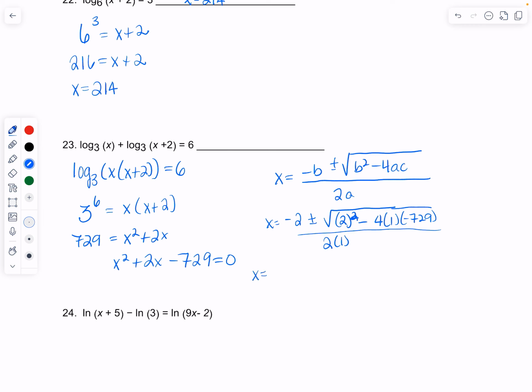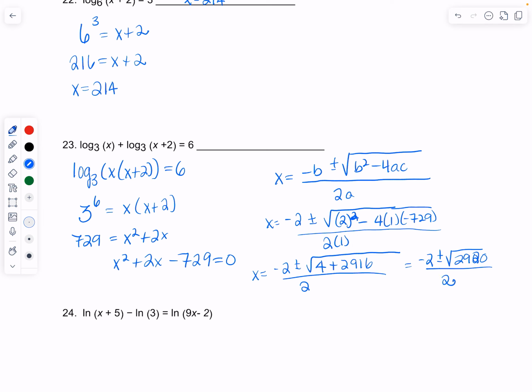So x equals negative 2 plus or minus the square root of 4. Now 4 times 729 is going to give me 2,916, all over 2. So when I do that, I get negative 2 plus or minus the square root of 2,920 underneath the square root, over 2.